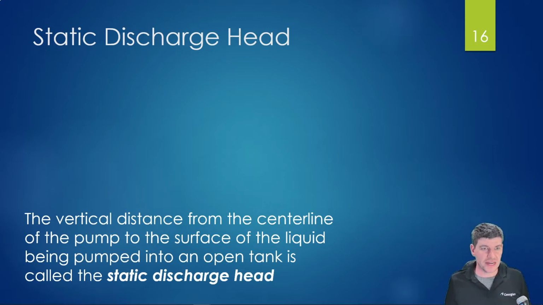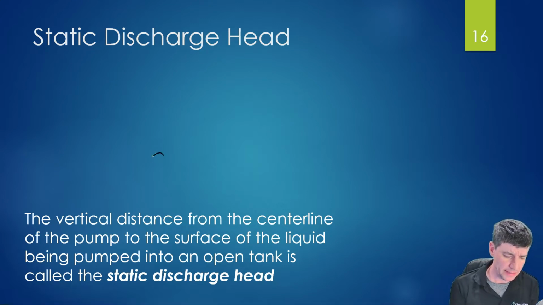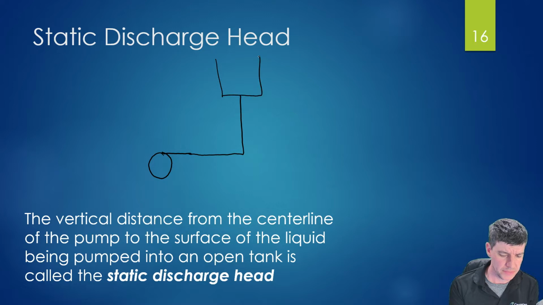So the definition for the static discharge head is the vertical distance from the center line of the pump to the surface of the liquid being pumped into an open tank. That's the static discharge head. So let's just draw a little diagram so we understand what that means. Okay, so here's a diagram to describe this. We have a pump, and our pump is able to discharge fluid, and that fluid is going to make its way up to, let's say, some tank that has some water in it.